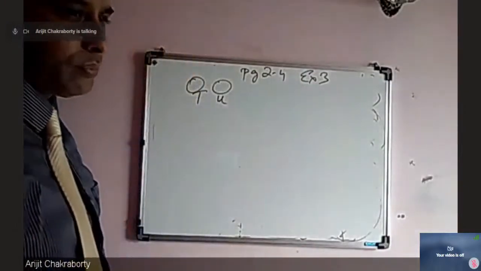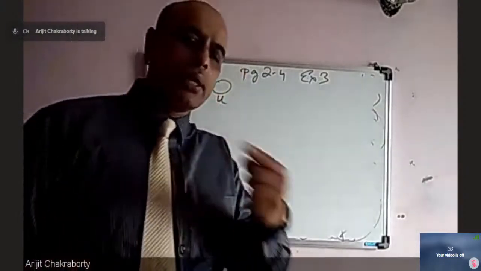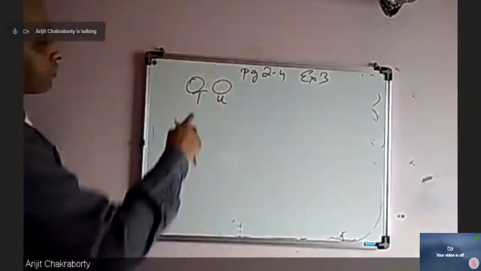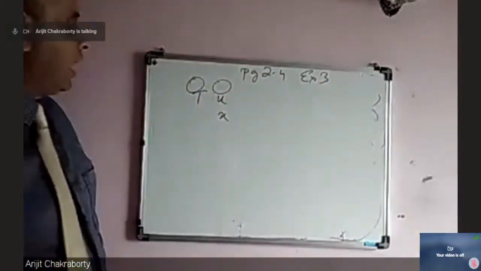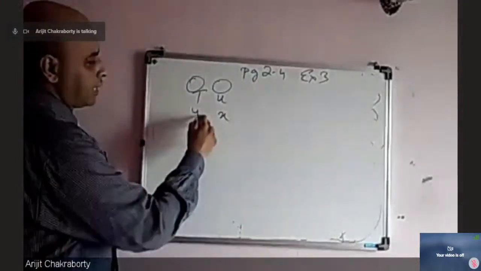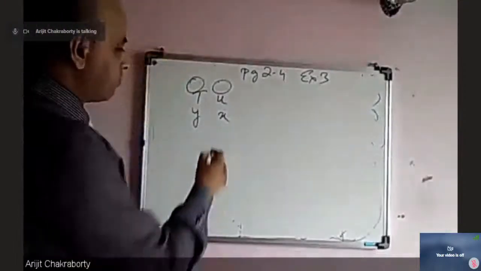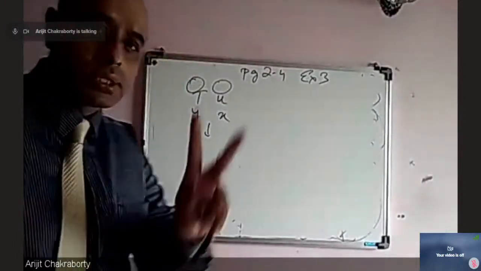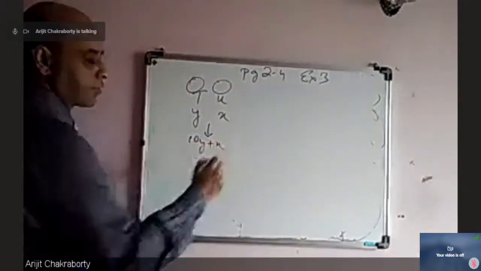Okay. The question is, if 18 is subtracted from the number, the digits are reversed. So if the units place has x, and say y is in the tens place, the number is what? Since it is a 2-digit number, the number will be 10y plus x.